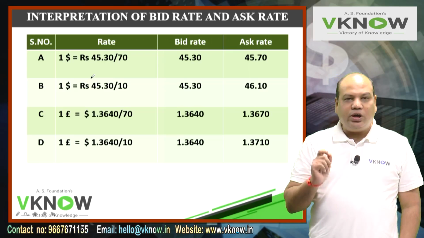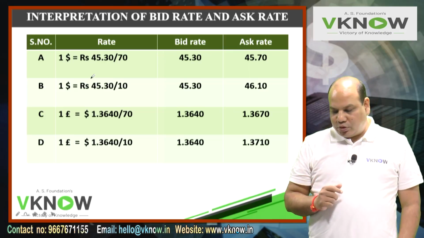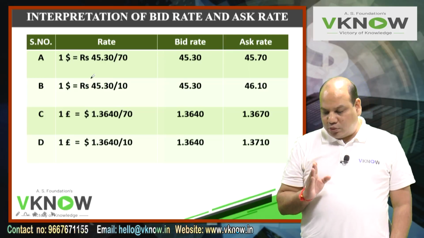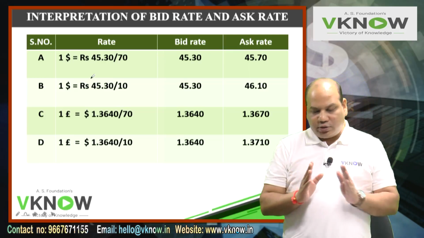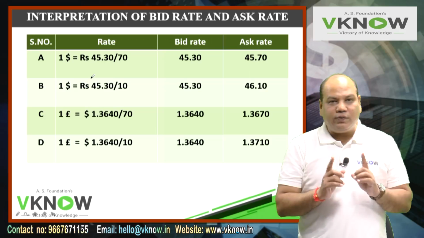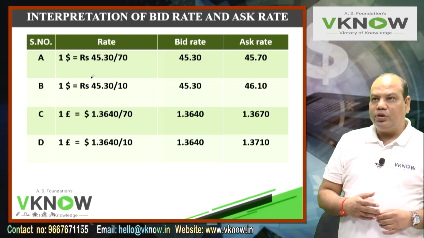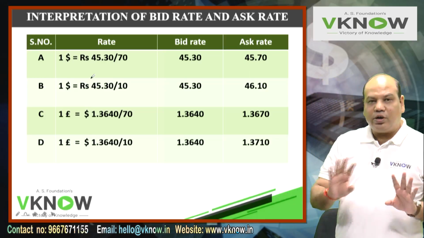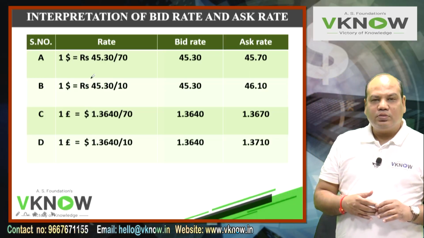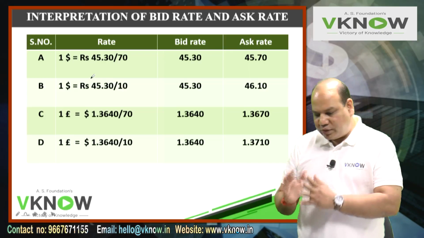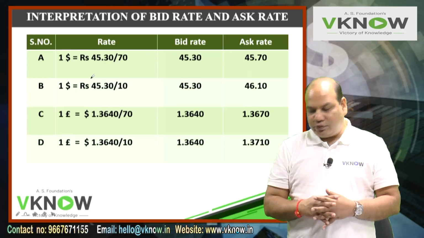So how do you interpret this? Out of this, what is the bid rate and what is the ask rate? The bid rate will be 45.30, and the ask rate is not 70 rupees. The ask rate is 45.70.